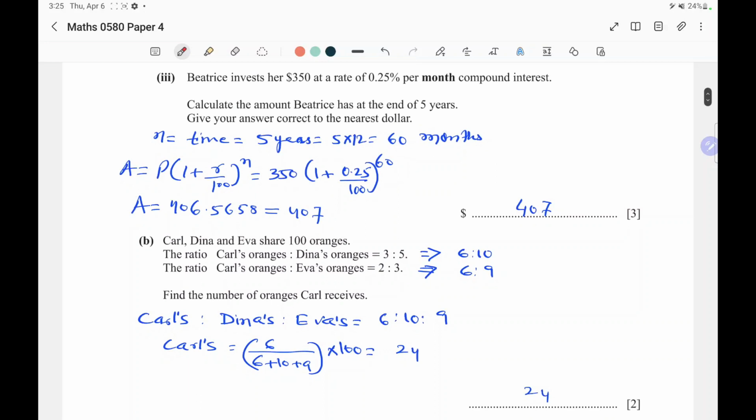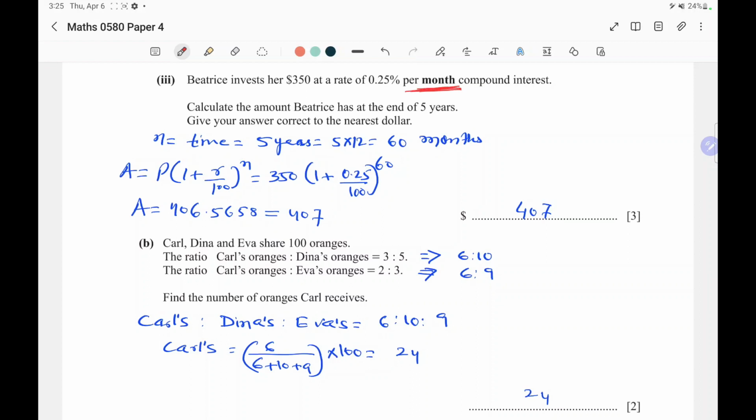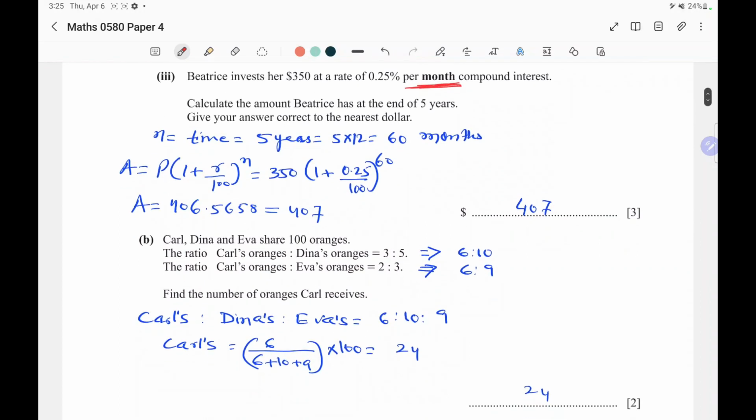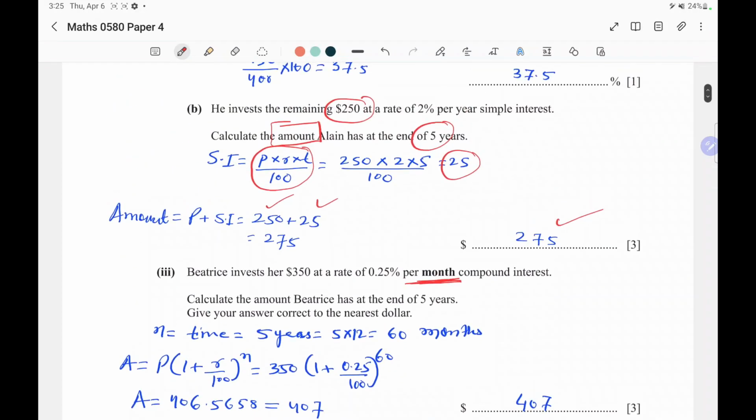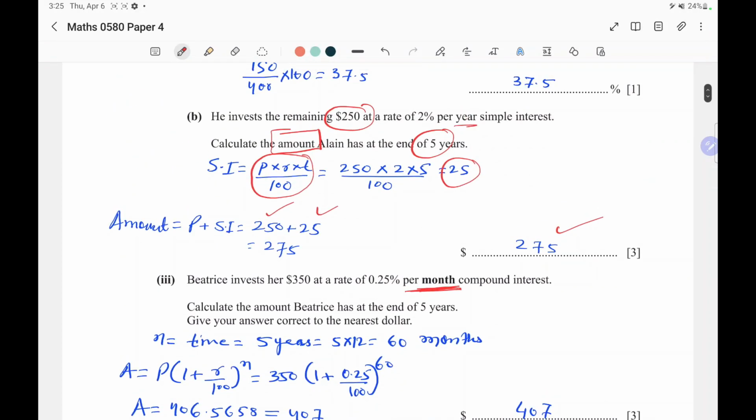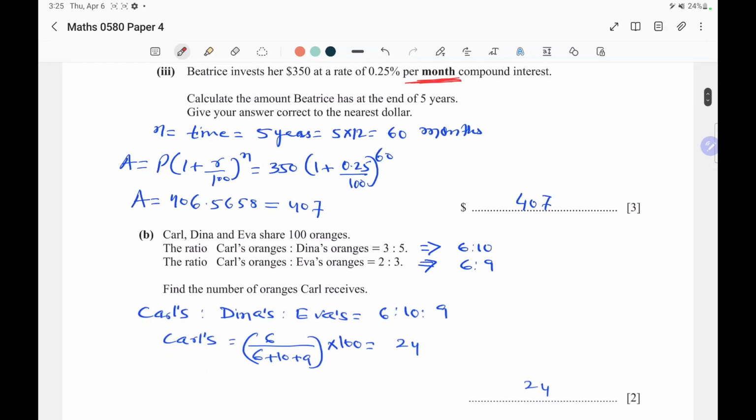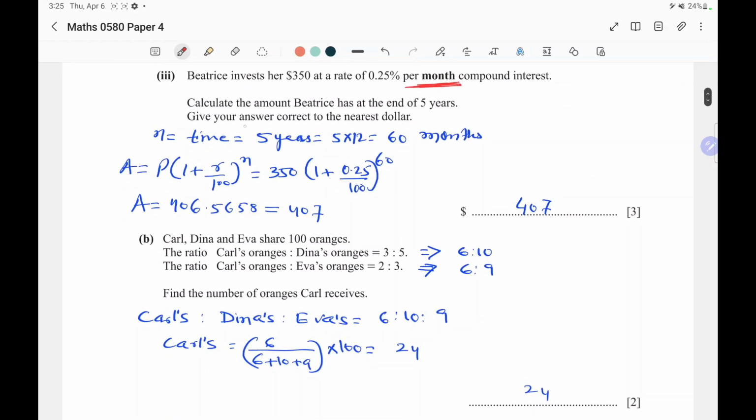Now the third part says Beatrice invests her $350 at a rate of 0.25% per month. This is very important information, and that's why they have mentioned it in bold letters, that's month, because in the previous question it was written as per year. But here it is per month, compound interest.